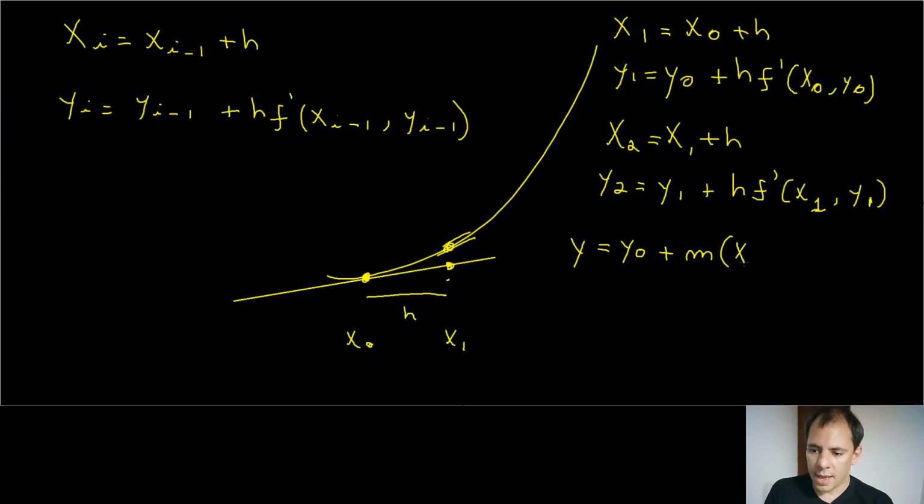And then you have x minus x0. Well, this y here that you're trying to find out is this one. This y0, which is what you have, is this one. The slope is here, okay? And the x minus x0 is actually going to be in here. It's the step, okay? The x is what you're trying to get. But this is going to be very easy to find out because the step is always the same.